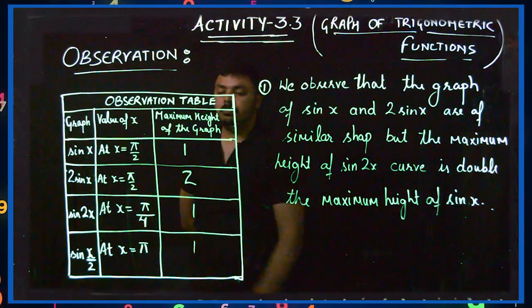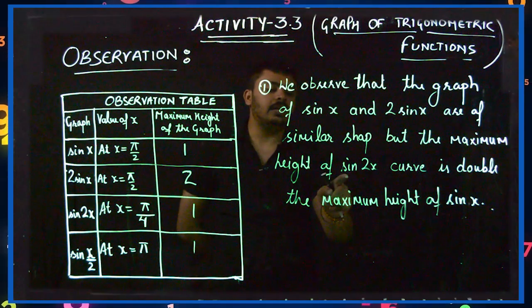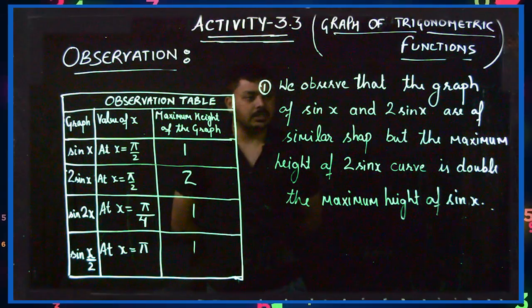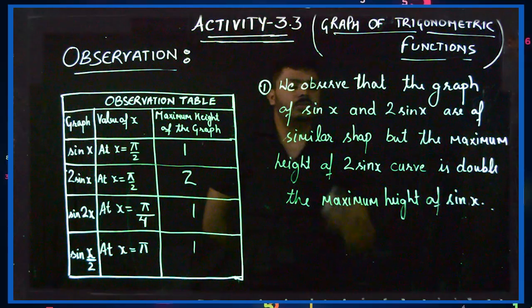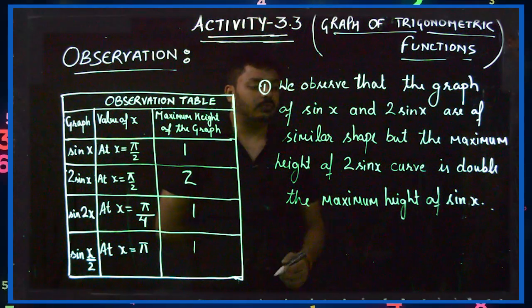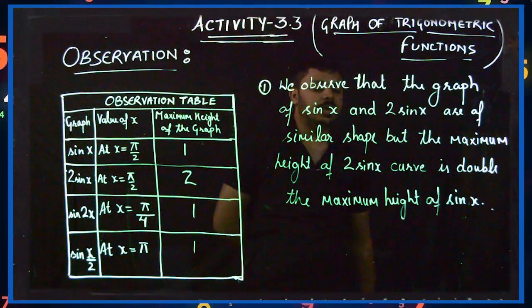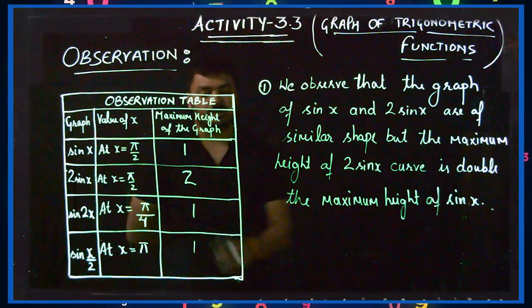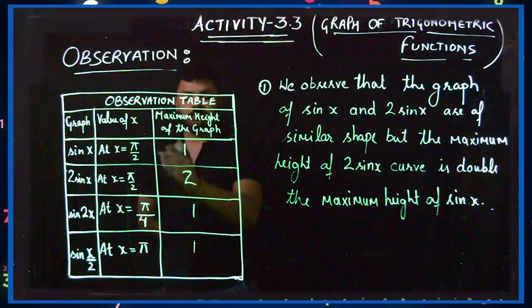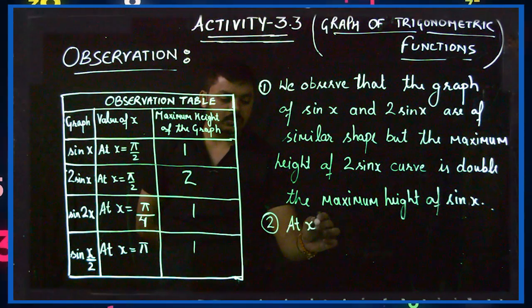That is, at pi by 2, the height of sin x is 1, whereas the height of 2 sin x is 2. So we observed that the graph of sin x and 2 sin x are of similar shape, but the maximum height of 2 sin x curve is double the maximum height of sin x. That is, maximum height of 2 sin x is 2, whereas the maximum height of sin x is 1 at pi by 2.